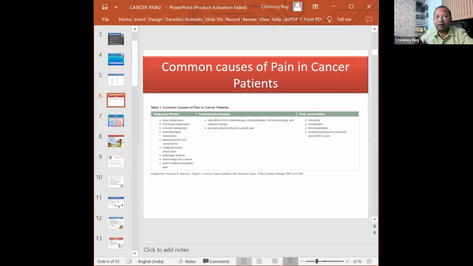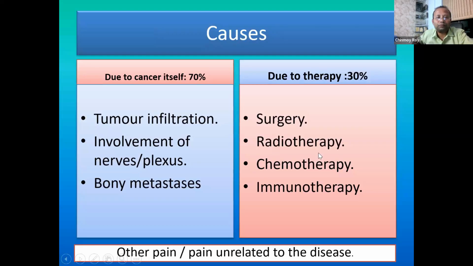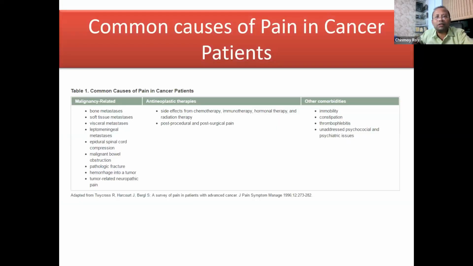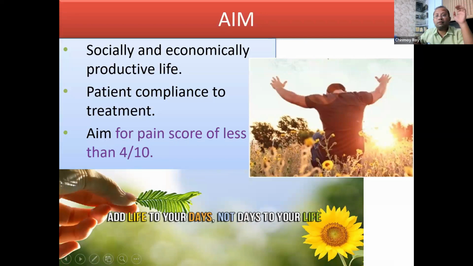Okay, so these are the causes of pain in cancer patients. Mainly due to the cancer itself and also due to therapy. In 30% of cases, you can say that therapy is causing the pain. Then in cancer treatment, our aim of treatment should be a socially and economically productive life.